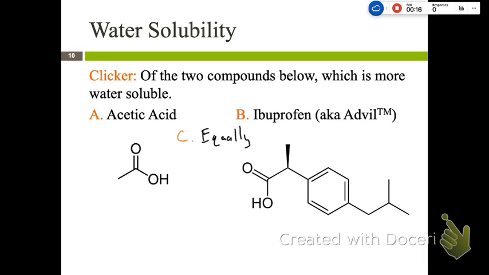Wait, what is A again? That molecule. So acetic acid is this molecule. Ibuprofen is the molecule on the right.